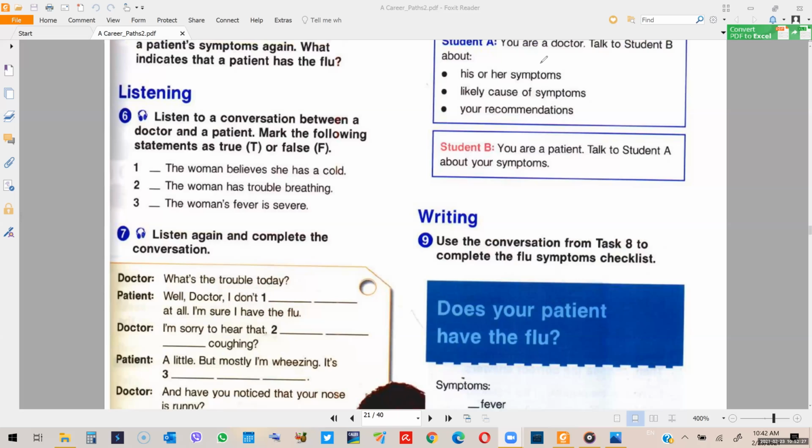Again, I want to focus on the glossary. You have here the glossary. So you have to check the vocabulary here, all of you. This glossary is very, very important. And you have to know the meaning of all these words, all of them, because this is your language. This is the medical language.